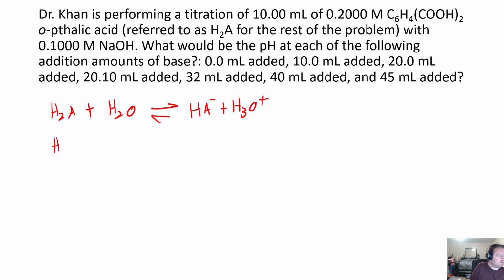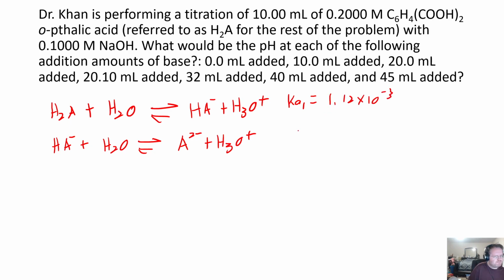And then the second equilibrium we have to worry about is HA minus plus water in equilibrium with A2 minus plus H3O plus. Ka1 for this top equation is 1.12 times 10 to the negative 3.